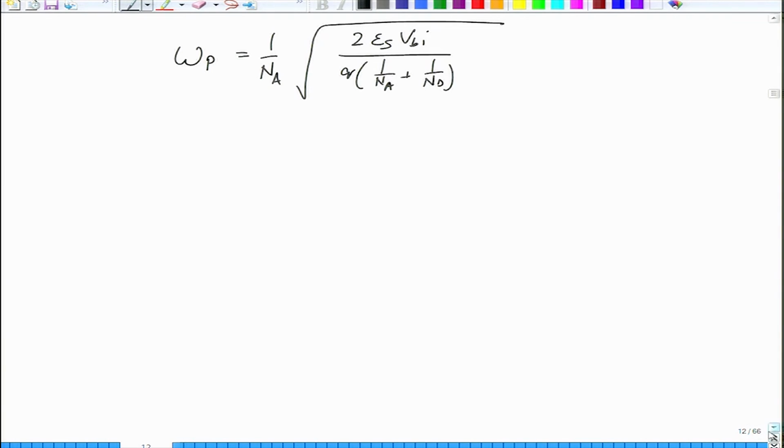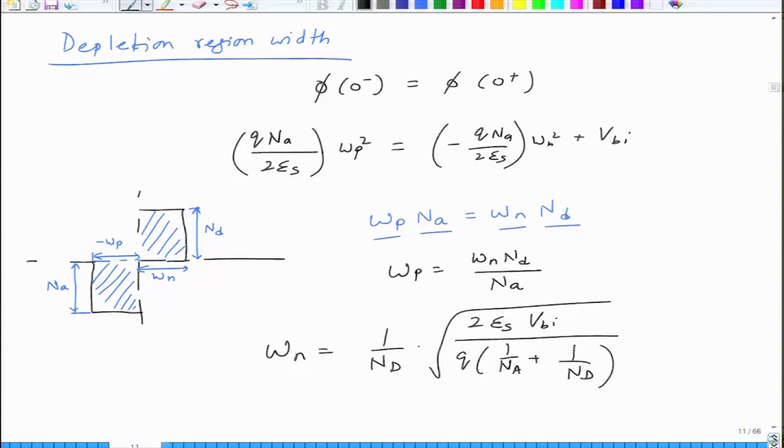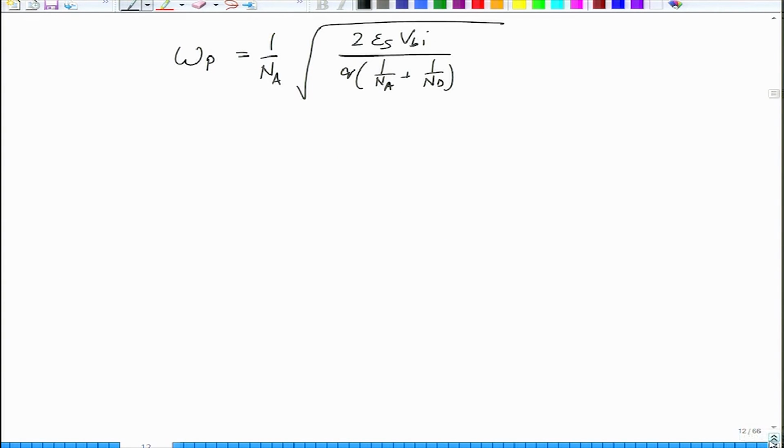So this is Wn and this is Wp, okay. You use these two equations to find out what is Wn and what is Wp, in terms of donor concentration, acceptor concentration, Vbi and electric constant, okay.